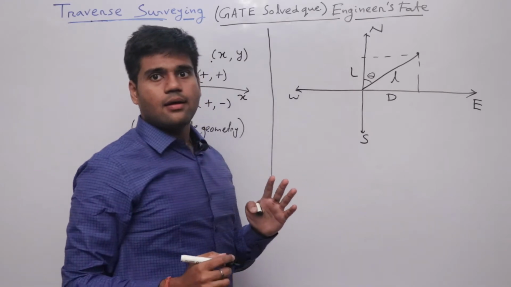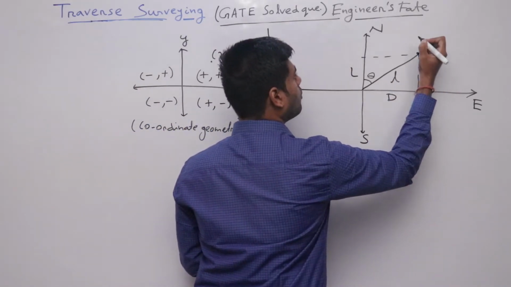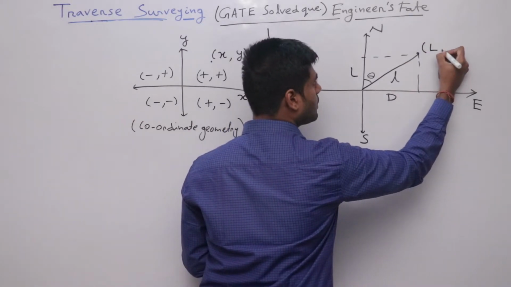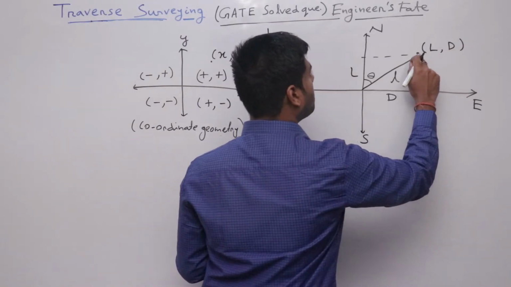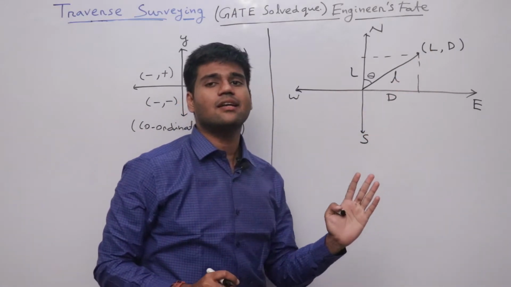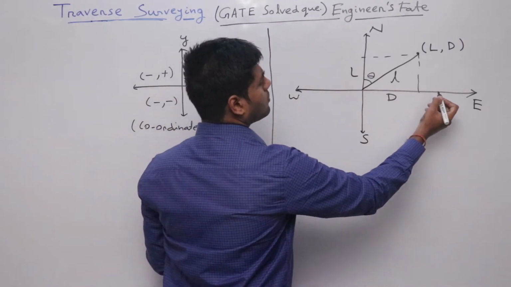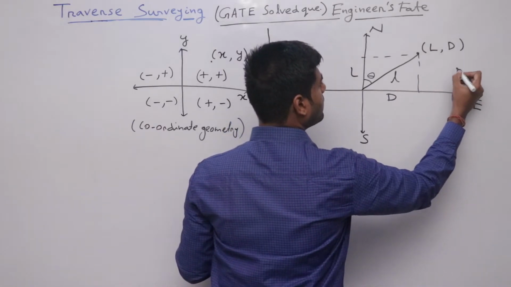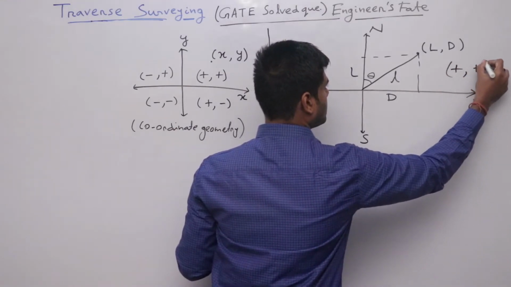In traverse survey, we always write the latitude, meaning the y coordinate, first, then we write the x coordinate later. Means we represent a point in traverse survey as latitude, then departure. I hope you got this. This is the first quadrant: latitude is positive and departure is also positive.